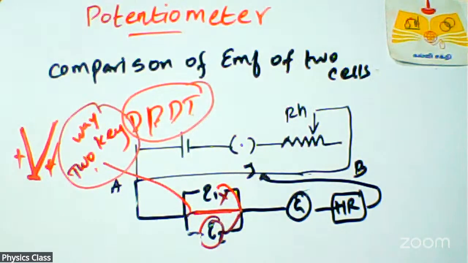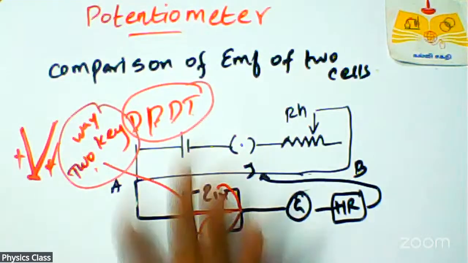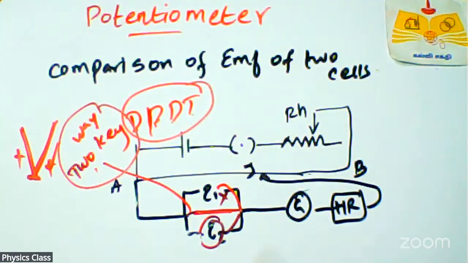The other end of the DPDT switch is connected to the galvanometer, the other terminal of the galvanometer is connected to the high resistance, and the other terminal of the high resistance is connected to the jockey. The bottom circuit is known as the secondary circuit.